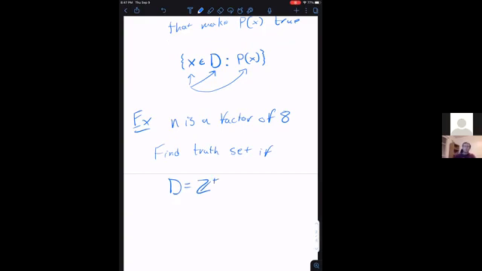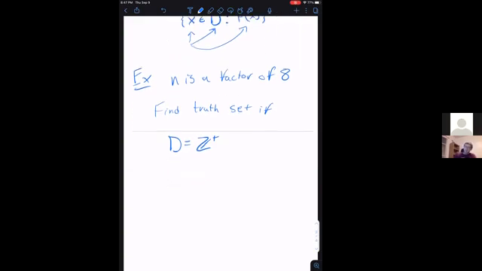So only positive integers. So my domain is 1, 2, 3, 4, whatever, all the way up, but doesn't include negative numbers. And I want just the integers that are factors of 8. So I get 1, 2, 4, and 8.